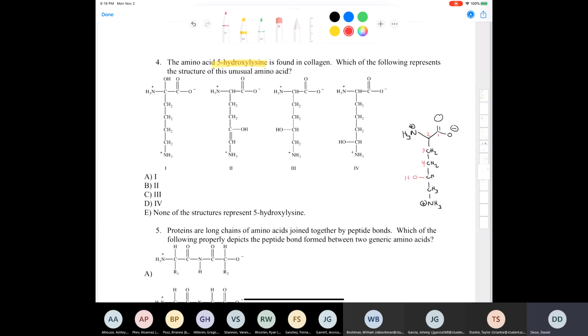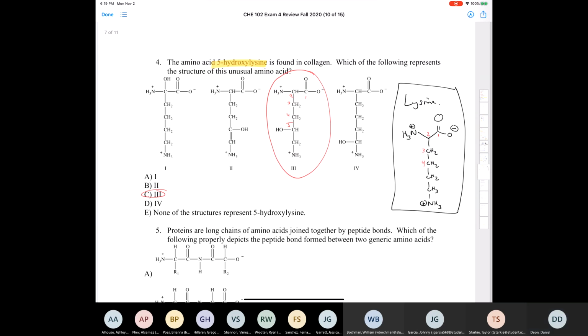It will be on this carbon, which, if you look here, we have 1, 2, 3, 4, 5. So this one here, number 3, would be 5-hydroxylysine. Again, I'll just remind you that if you erase this and put a CH2 here, this would be lysine, which is a basic amino acid.